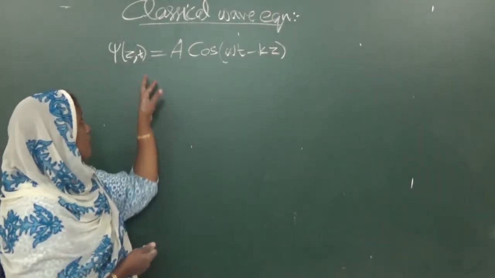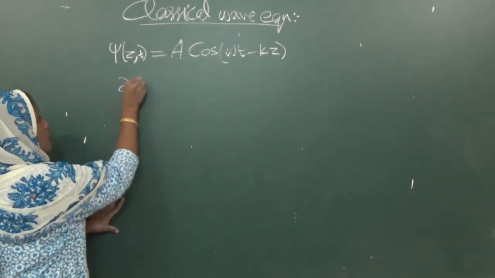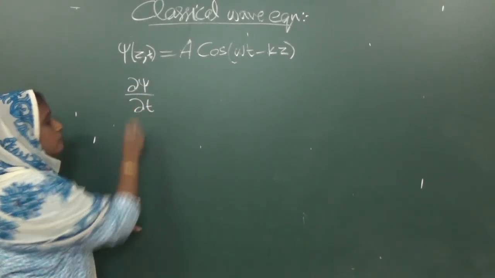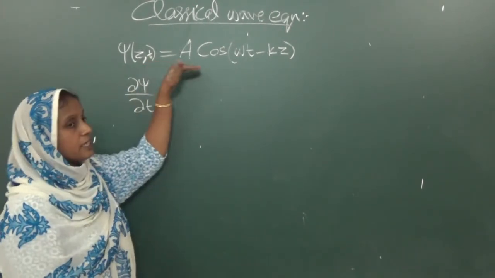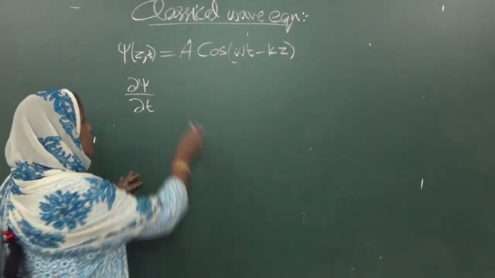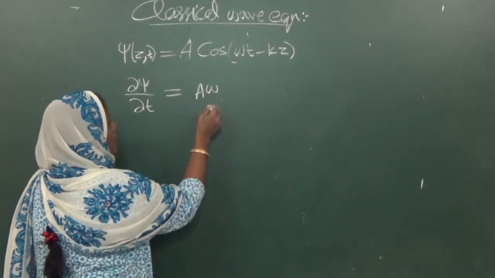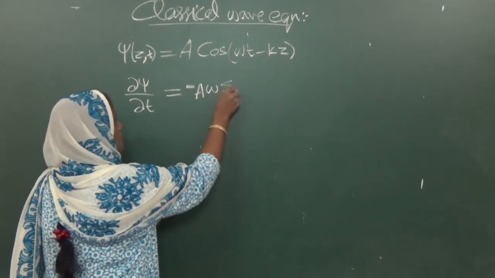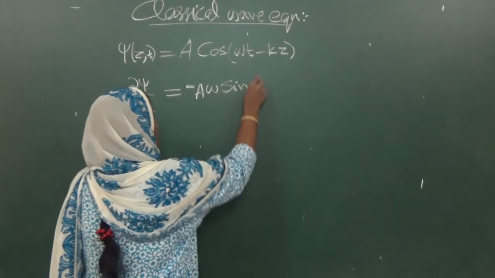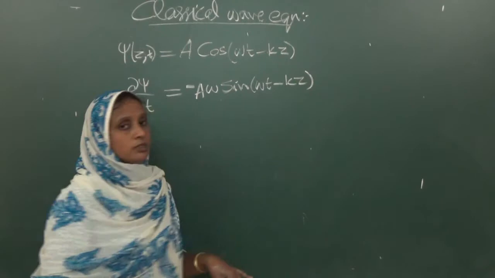Now, suppose we take its partial derivative, dou psi by dou t. So, taking the derivative of this function with respect to time t, we get minus a omega sin omega t minus kz.